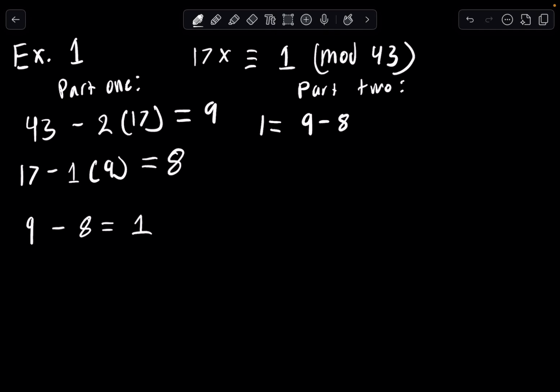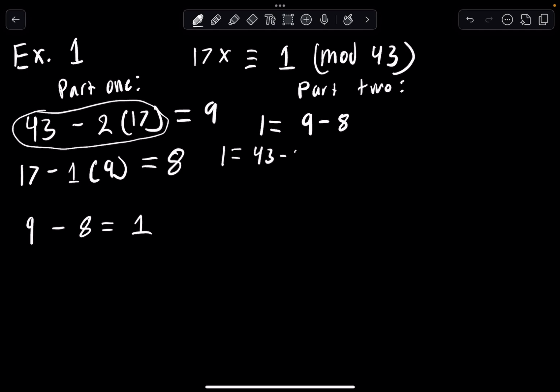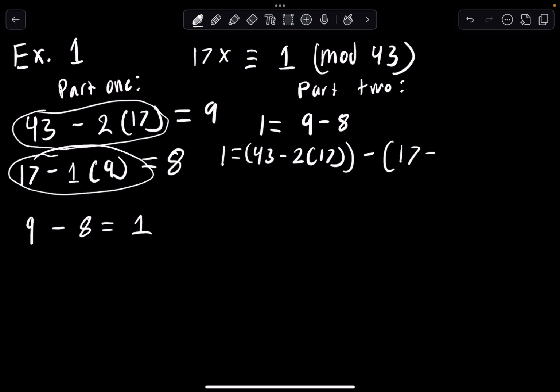We need to plug in 9 and we need to plug in 8 here. So for 9, we're taking this right here, so we'll have 43 minus 2 times 17 all in parentheses, minus 8, which is this right here, so we'll have in parentheses 17 minus 9.